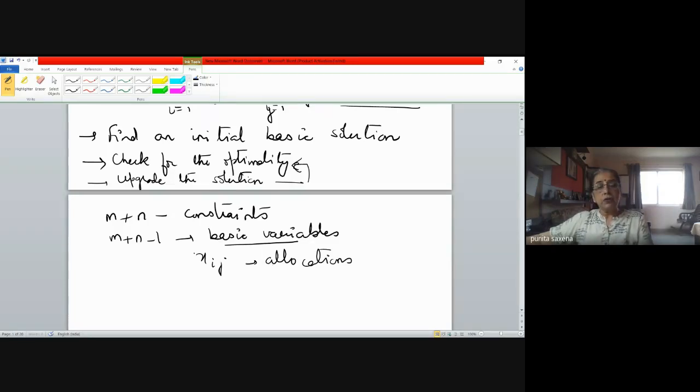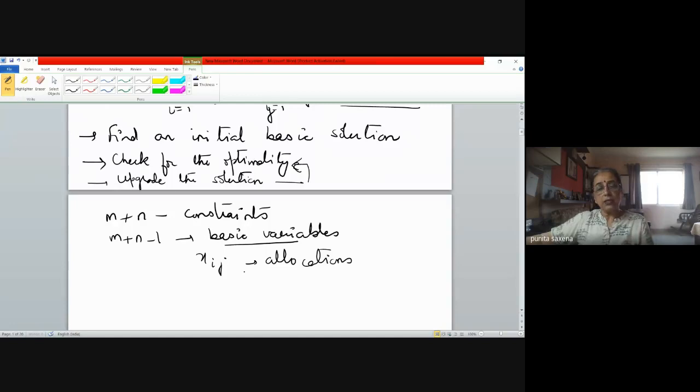So when I say basic variables, in a way I'm looking for how many xij's, that is, how many non-zero xij's. Because in the simplex method also we have seen that it is the basic variables that take the non-zero value. All the non-basic variables are zero. So wherever xij is non-zero, that becomes a basic variable, and wherever xij is zero, that becomes a non-basic variable.